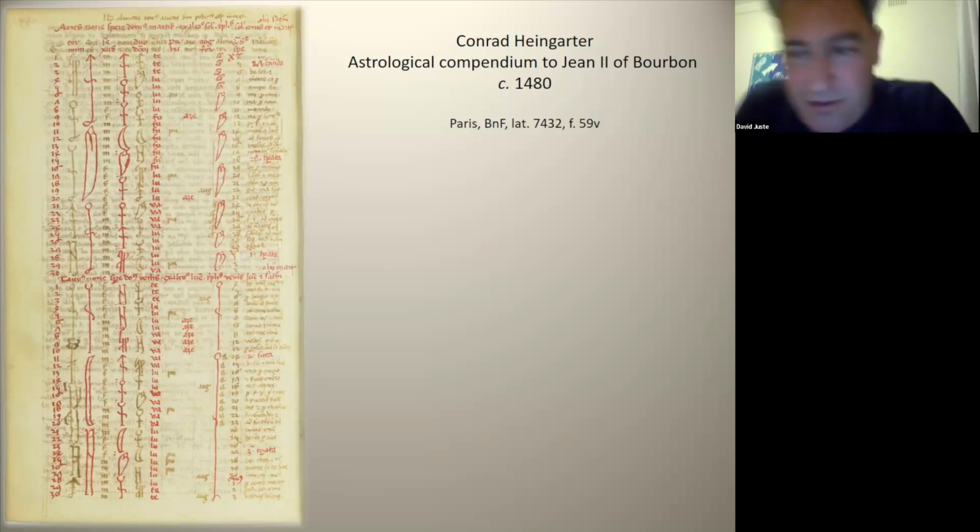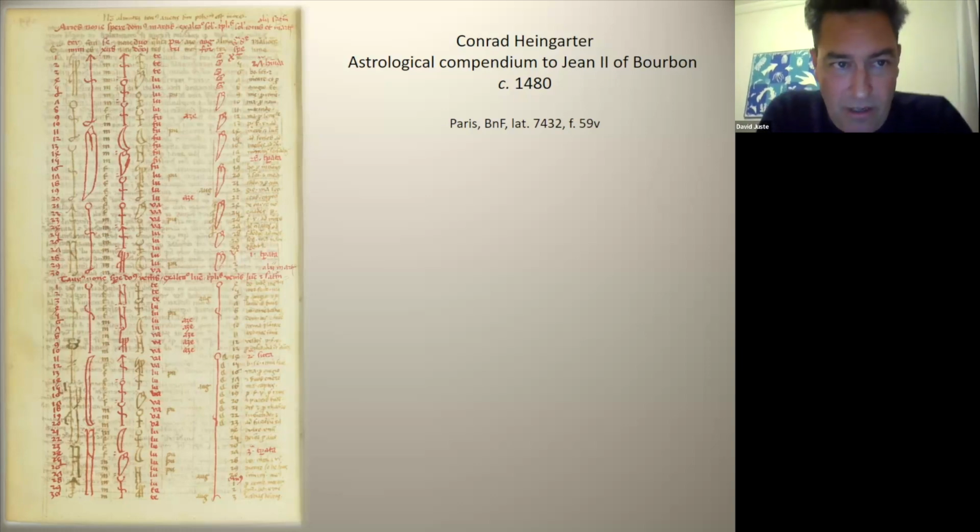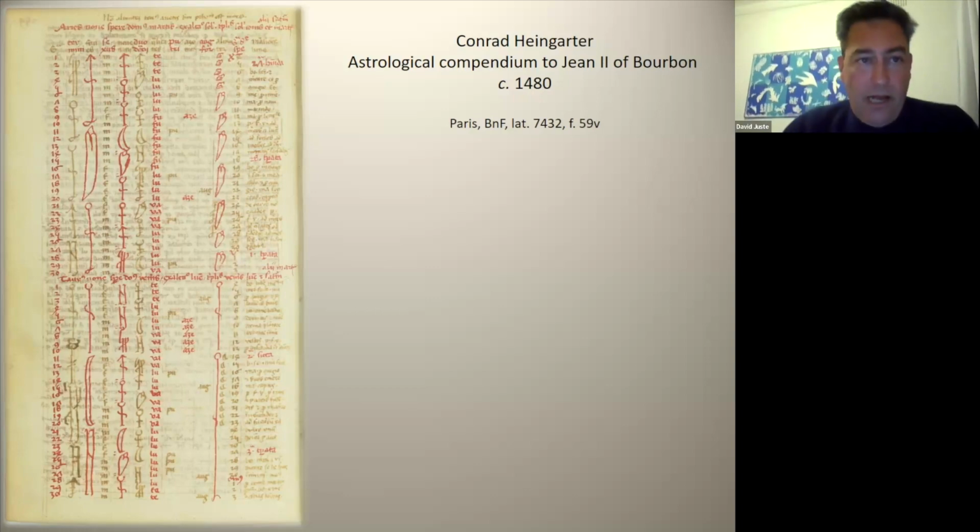So for the first question, I'm not sure I have fully understood, but you ask why the domicile and the exaltation and triplicity are omitted, for example, in that table by Konrad Heingarter, and how they do it. Actually, Konrad says that for Aries, he says at the top that the domus is Martis, exaltatio solis, triplicitas solis, Jovis et Martis.